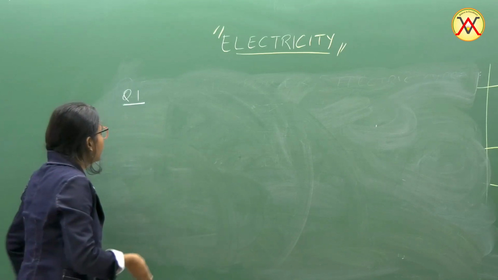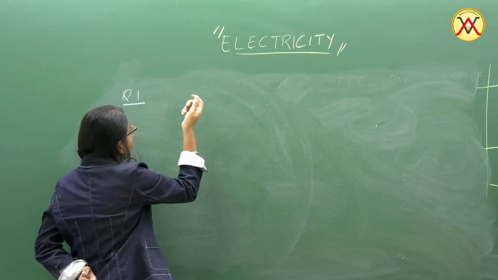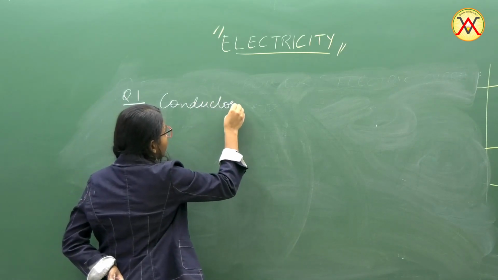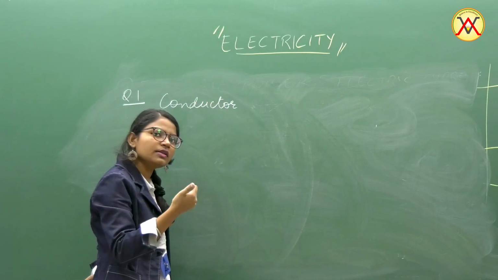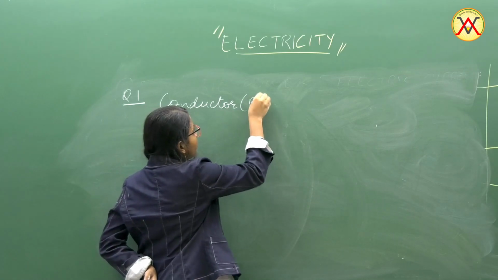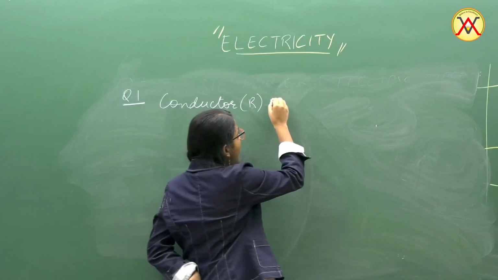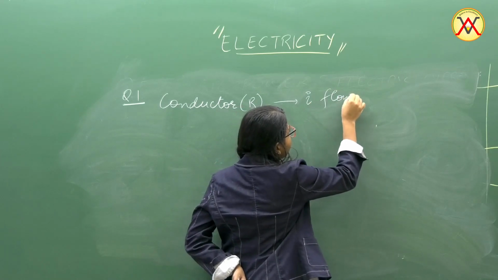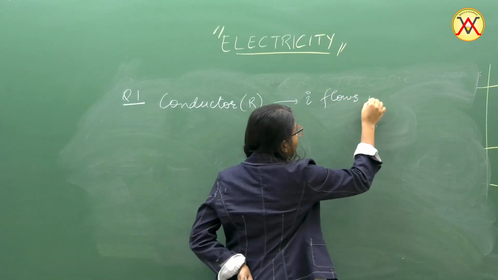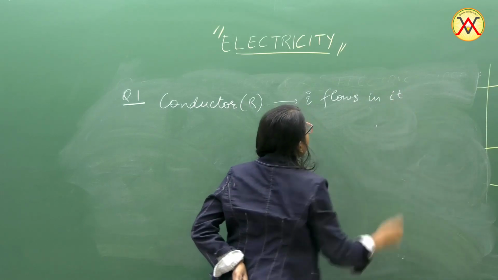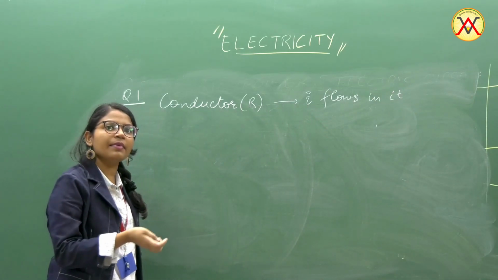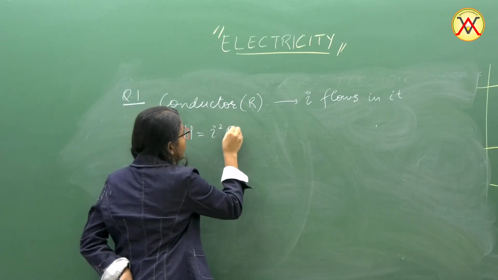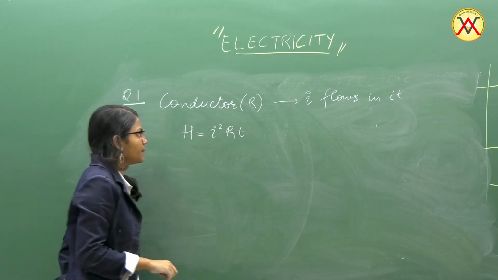Let's see how. Suppose initially we are given a conductor with resistance R and some current I flows through it, such that after time T it produces heat equal to I square RT.